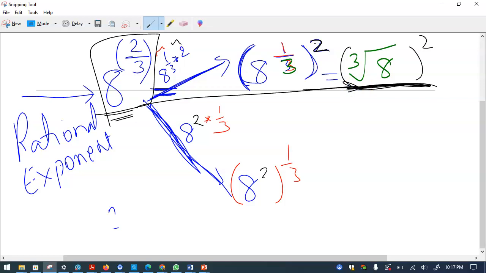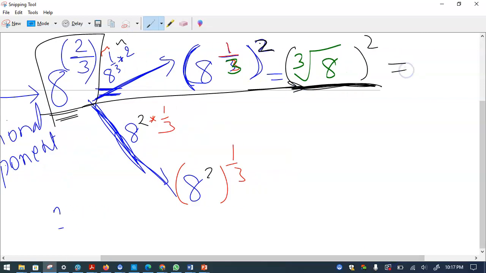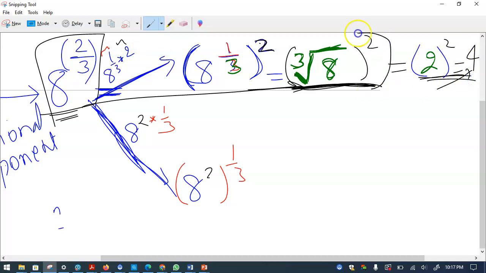Of course, you know the answer of cube root of 8. What number multiplied by itself 3 times gives 8? The number is 2. On the outside, the black is separate. The black one is 2 squared, which is 4. That's the final answer. I'm not concerned about this part. I'm more concerned about this part.